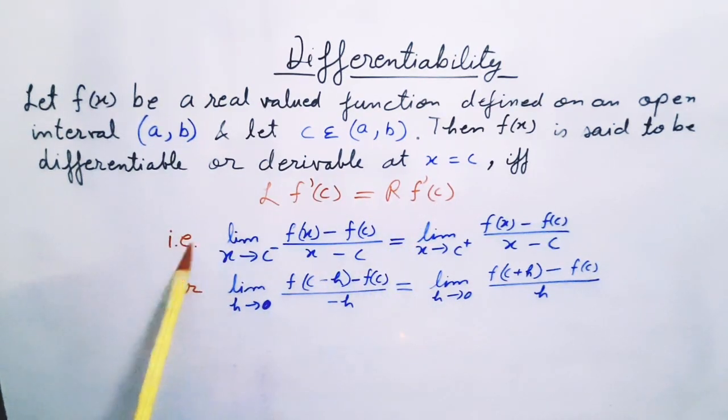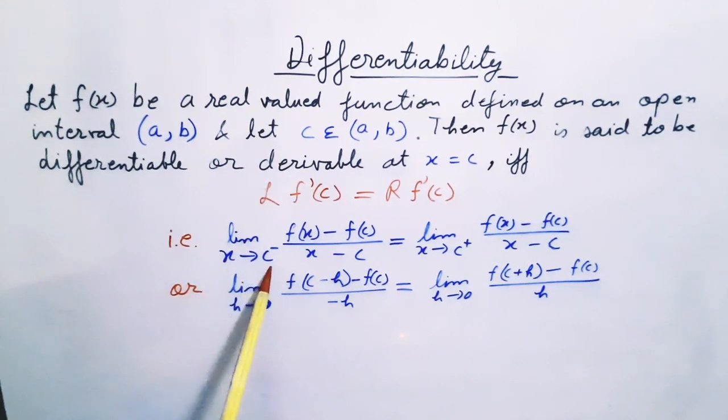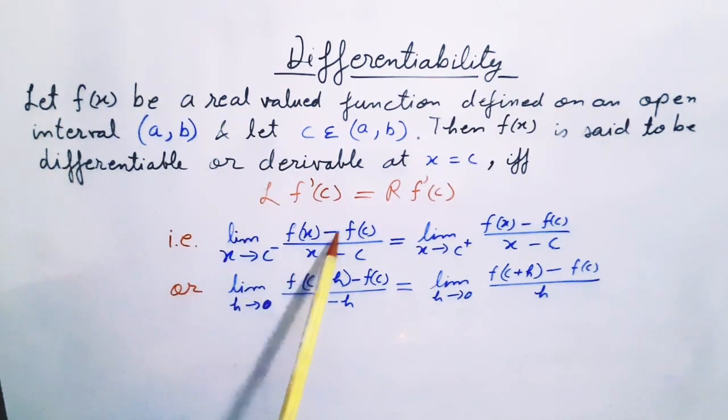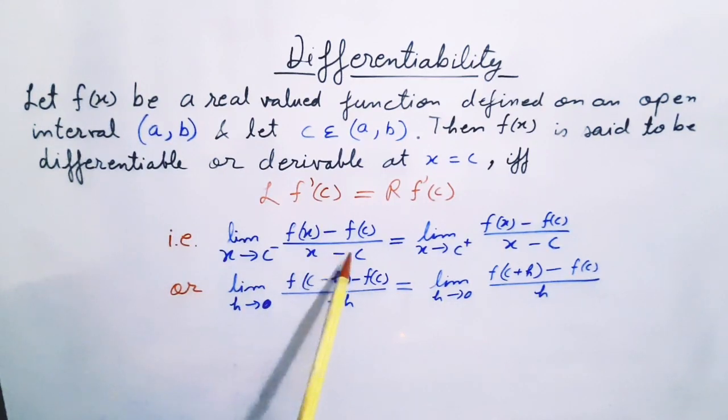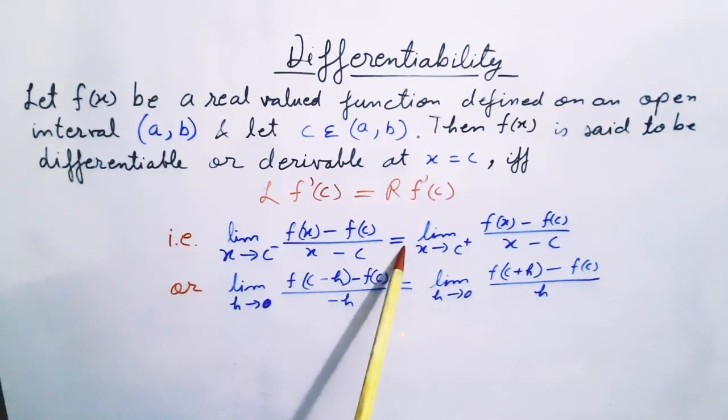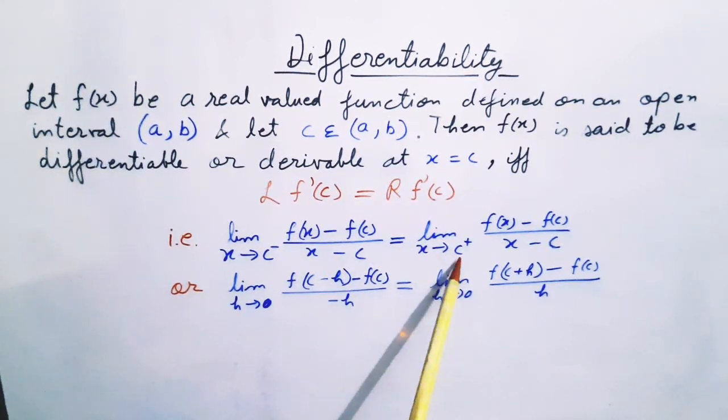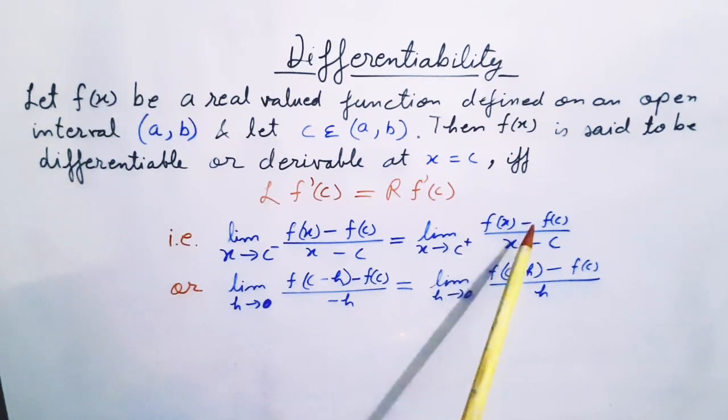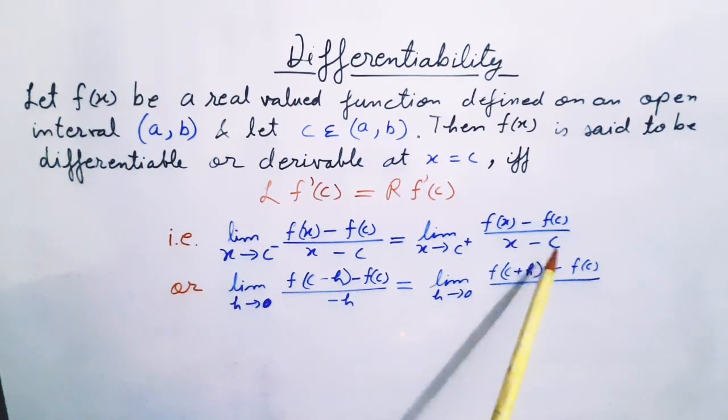That is, limit x tends to c negative [f(x) minus f(c)] upon (x minus c) will be equal to limit x tends to c positive [f(x) minus f(c)] upon (x minus c).